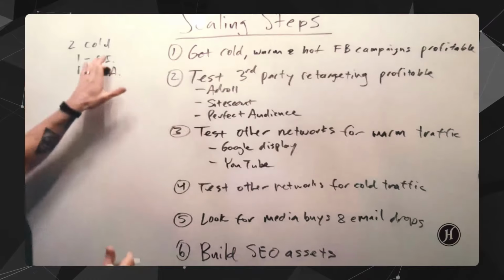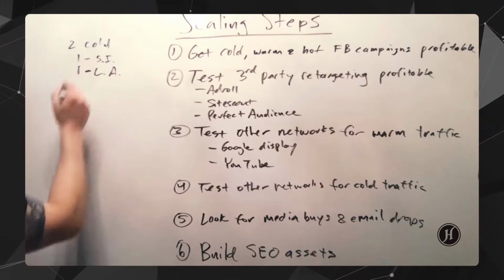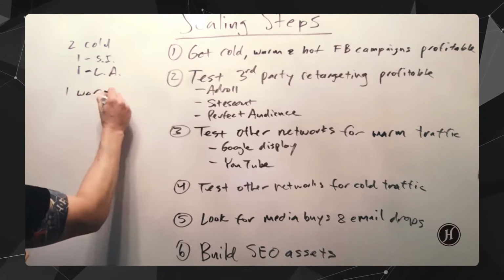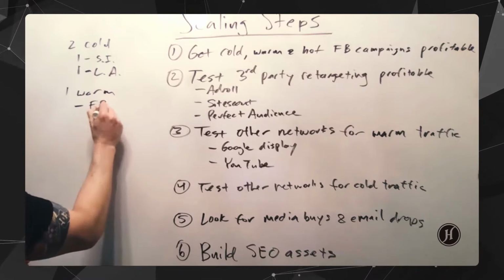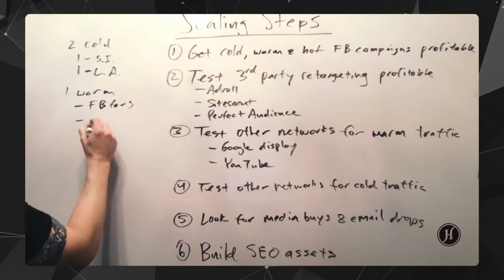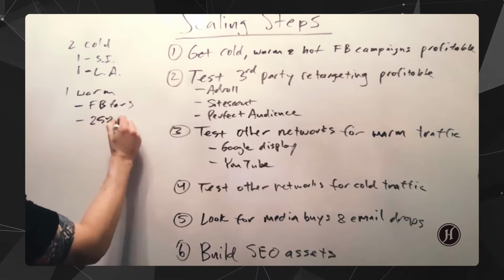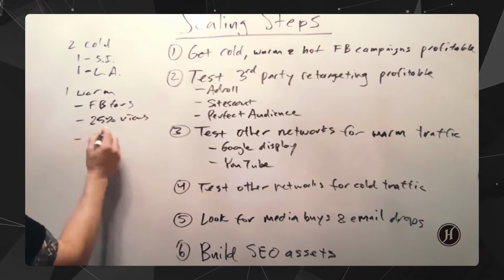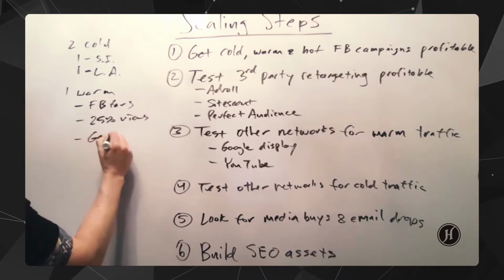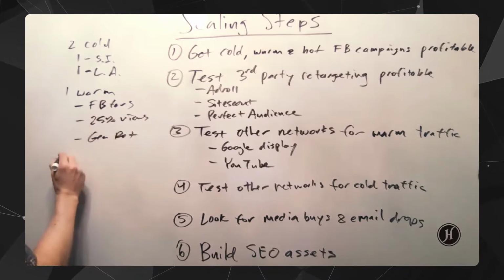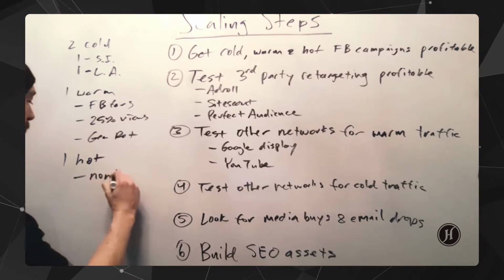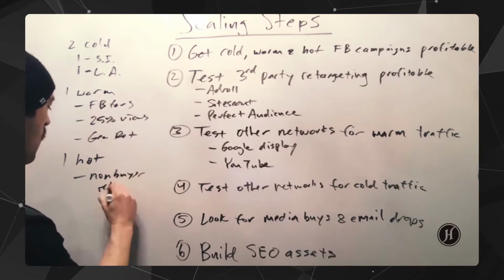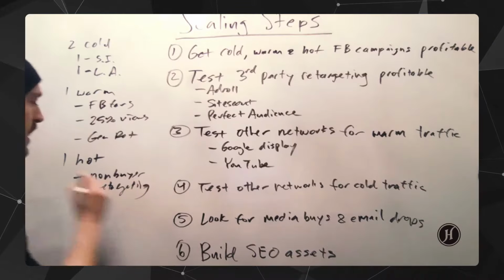Okay, but in our normal campaign structure, we're going to have 2 cold, 1 warm campaign, and inside that we're going to have an ad set that is targeting the FB fans. We're going to have one that's our 25% video views audiences, and then we're going to have one that is our general retargeting. And then we're going to have a third campaign that's basically our hot campaign, and this is going to be our non-buyer retargeting, or whatever the top of the next step in our funnel is.